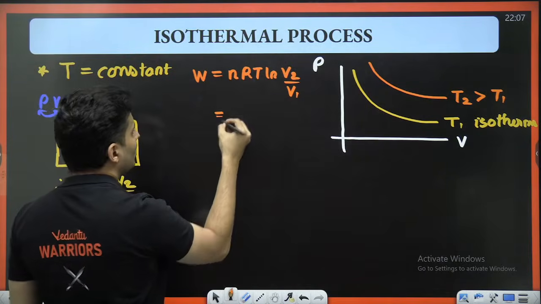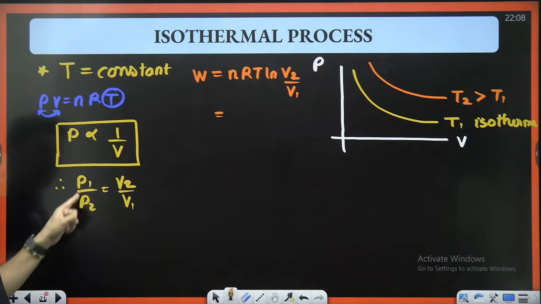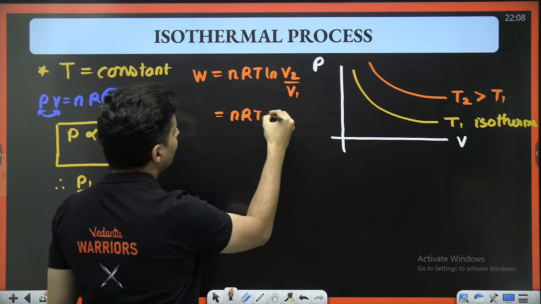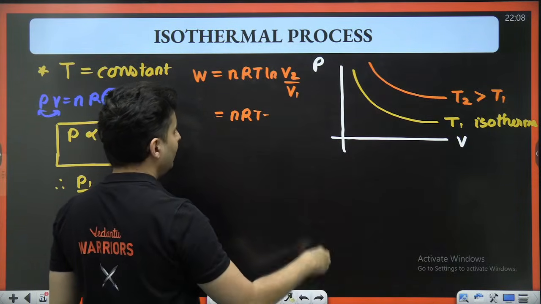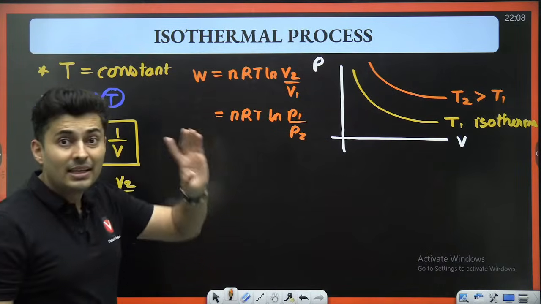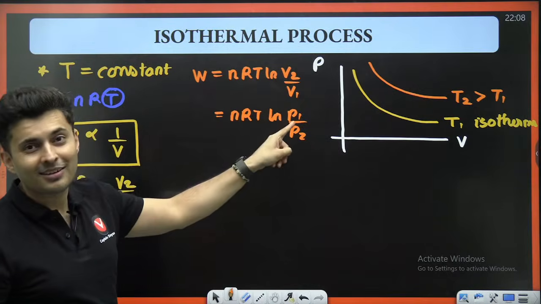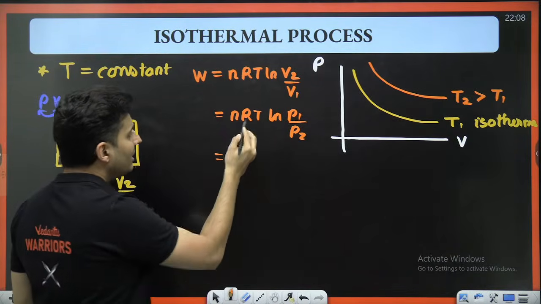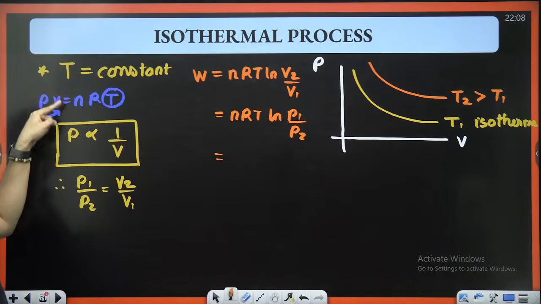This you can also write, because V2 by V1 is P1 by P2, you can substitute this as nRT ln P1 by P2 also. In chemistry, you might have seen a minus sign here. So be careful. Also, instead of nRT, you can write it as PV.